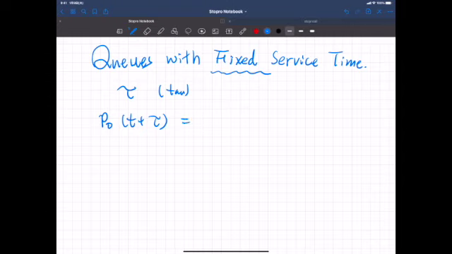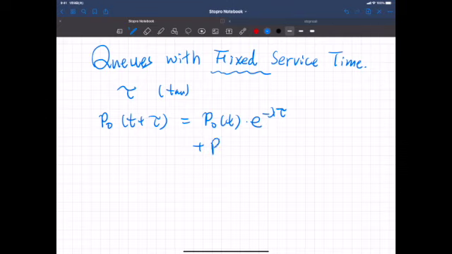So this will be split into two cases. So at time t, there are no customers, and no new customers arrive. That probability should be what? Since it's Poisson distribution with 0 customers arriving, it should be exponential of negative lambda tau.